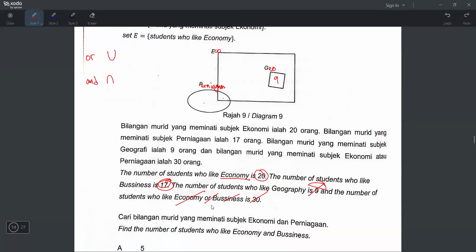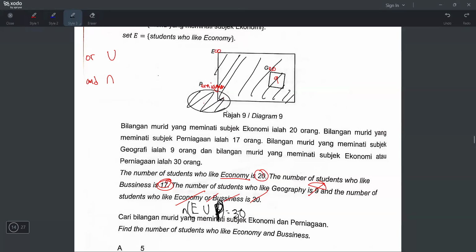So if they say economy or business, what they mean is economy is not P lah. Economy is E. So economy is E or is union, right? And B is business. So the N for E union B is 30. What's the meaning of E union B? Basically, E and B. This is P, sorry.